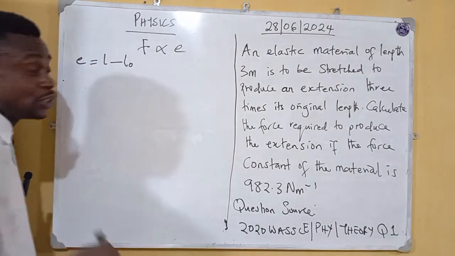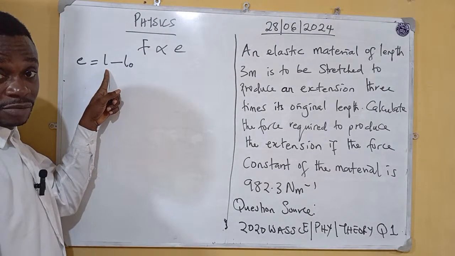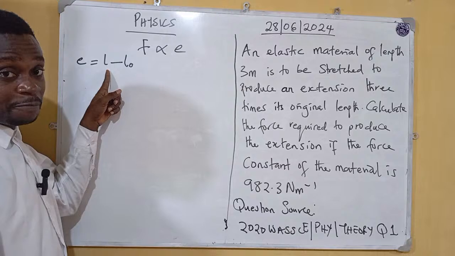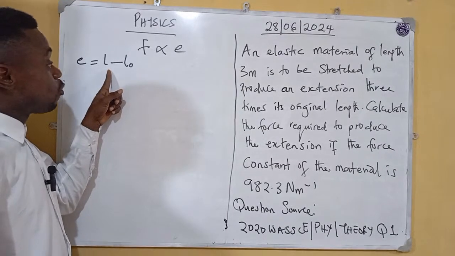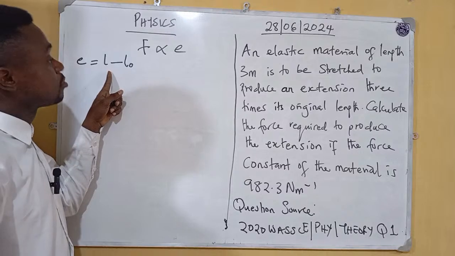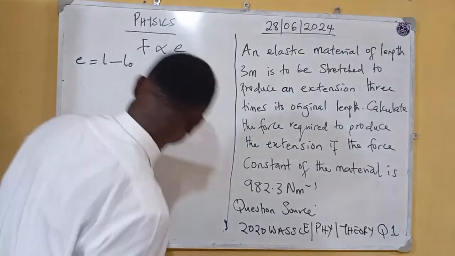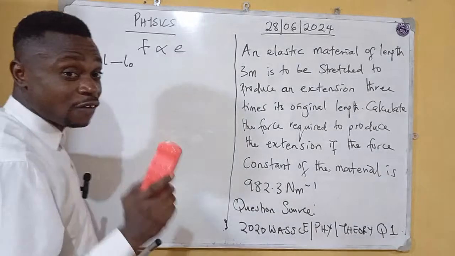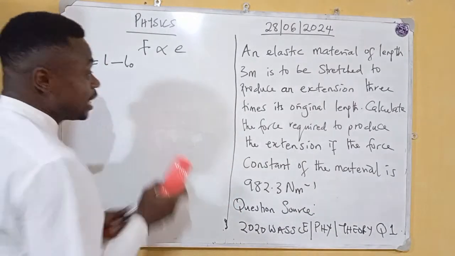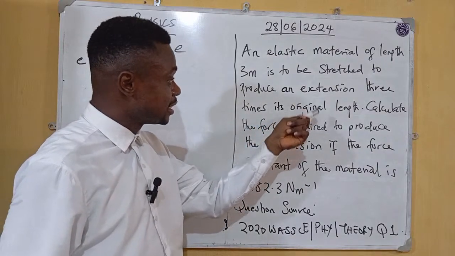There are some questions where you may have to determine the extension. Are we together? So let us have that at the back of our mind, that the extension and the length of the material are not the same thing. That's why here you see the length of the material and you see the extension.